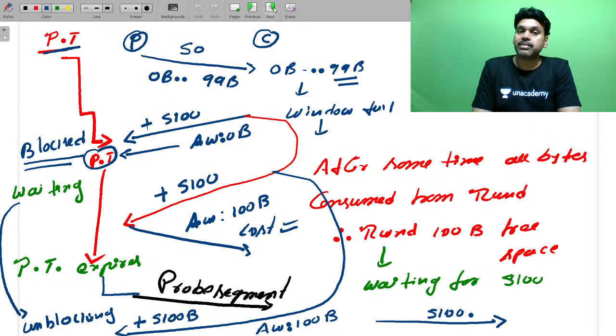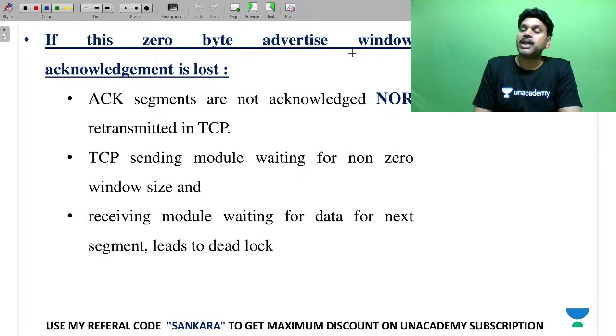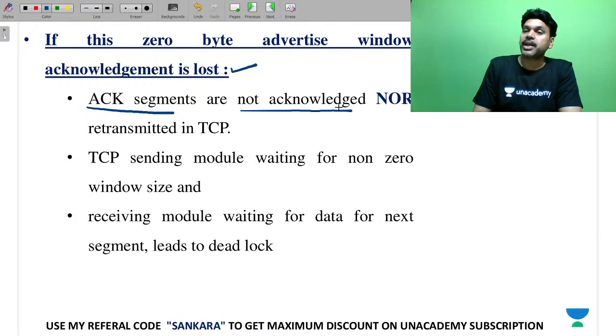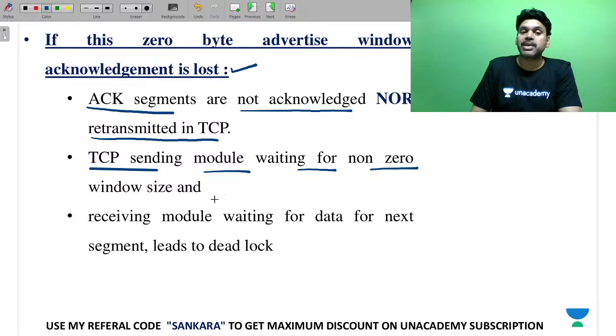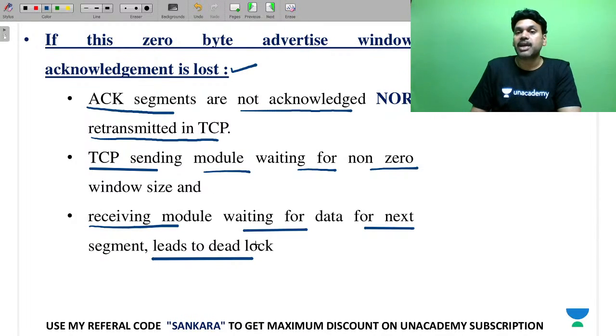If the 0 byte advertisement window is lost, I already told you, then what will happen? Acknowledgement segments are not acknowledged and they are not going to be retransmitted. So the TCP sending module is under waiting for a non-zero window. The receiving module is waiting for the data for the next transmission. That leads to deadlock.